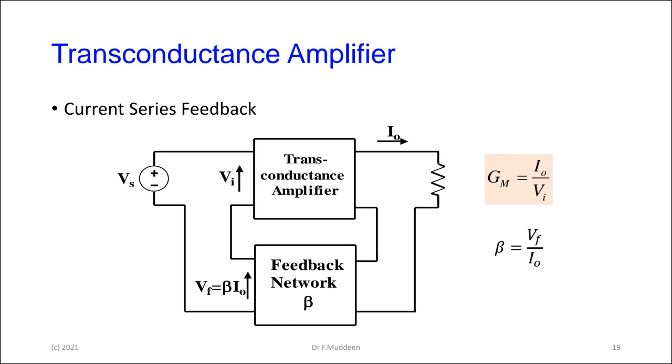When you're feeding voltage back, what you're saying is that the voltage is coming in series with an input voltage. So once you're talking about series feedback, it means you're feeding back voltage. When you're talking about shunt feedback, it means that you're feeding back current. So the first term tells you what you're sensing, and the second term is going to tell you how you're feeding it back.